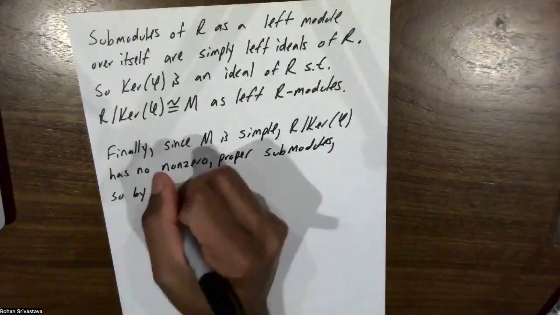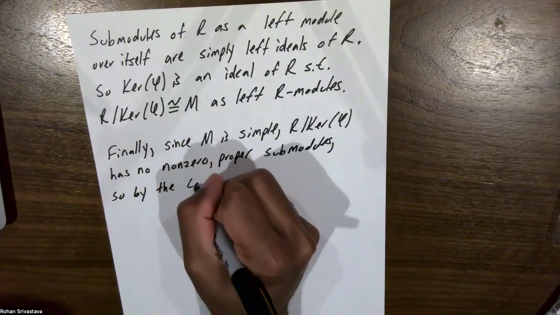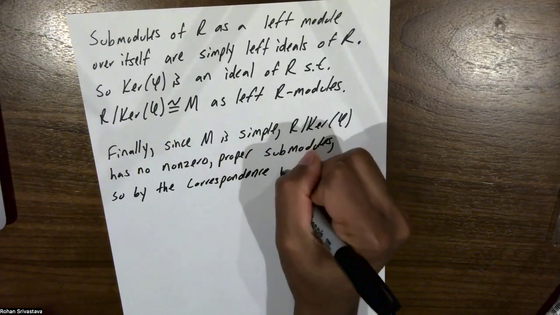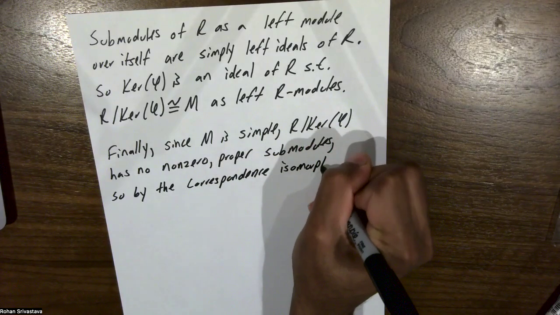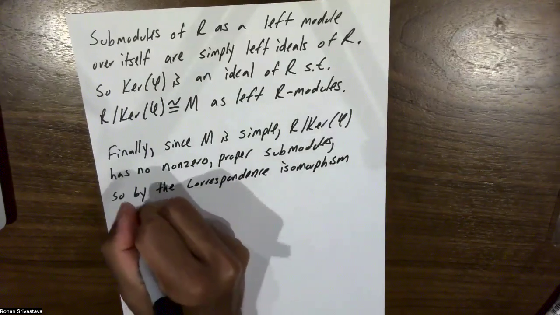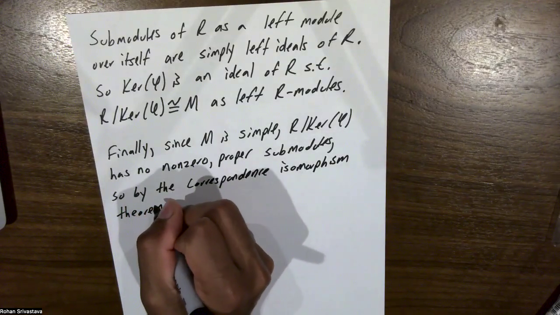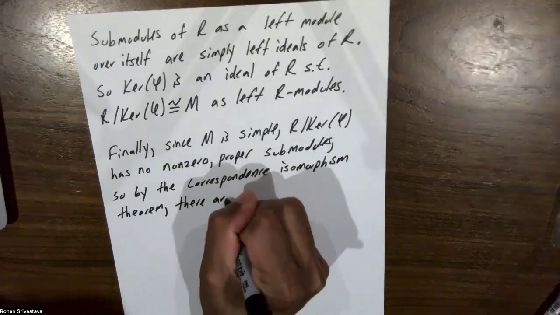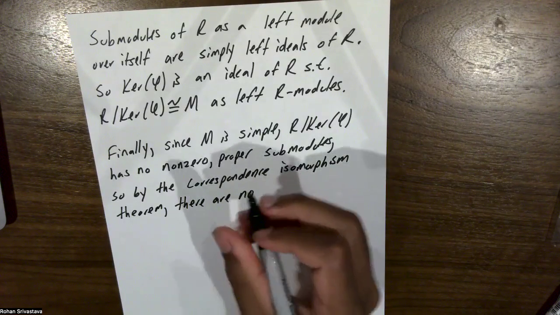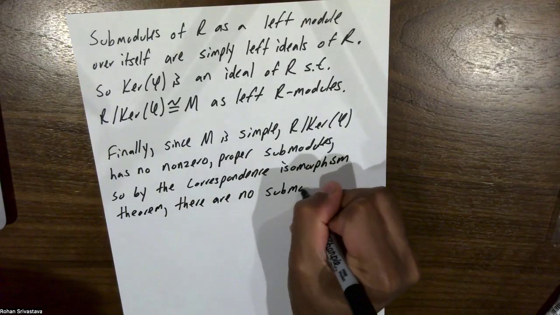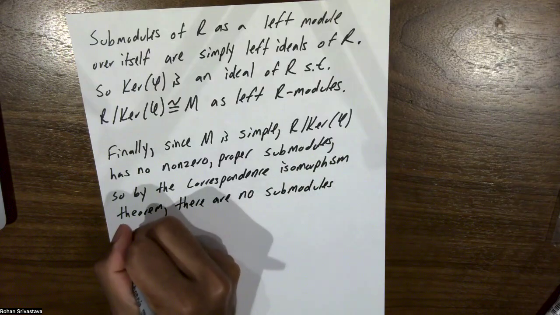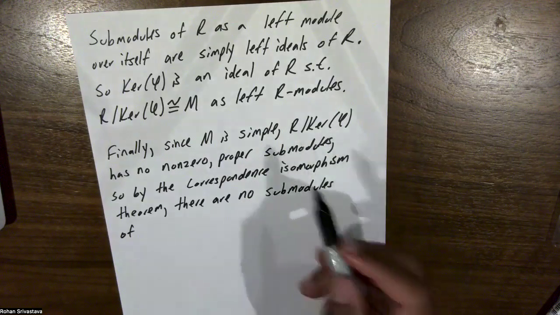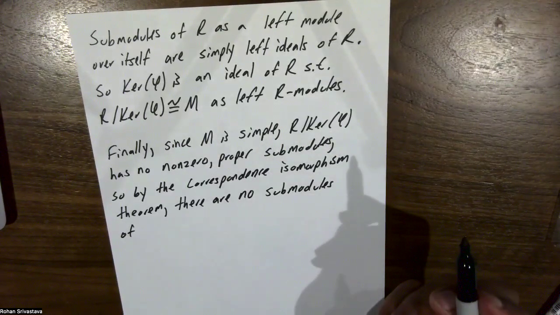So by the correspondence isomorphism theorem for modules, there's a correspondence between submodules of R mod the kernel of phi and submodules of R containing the kernel of phi.